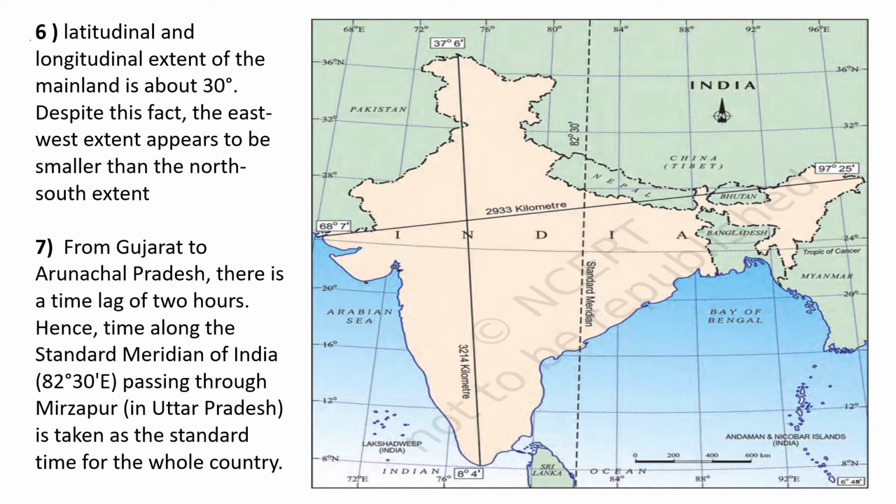The next point is the latitudinal and longitudinal extent. The latitudinal and longitudinal extent of the mainland is about 30 degree. The latitudinal extent is 8 degree 4 minutes to 37 degree 6 minutes; the difference is around 30 degree.